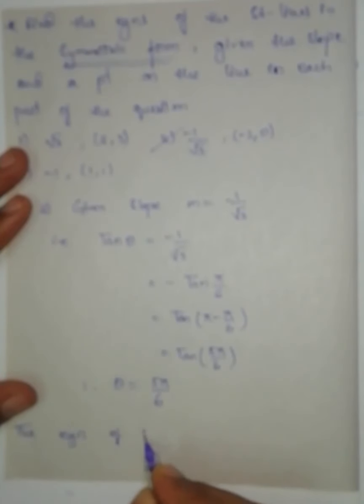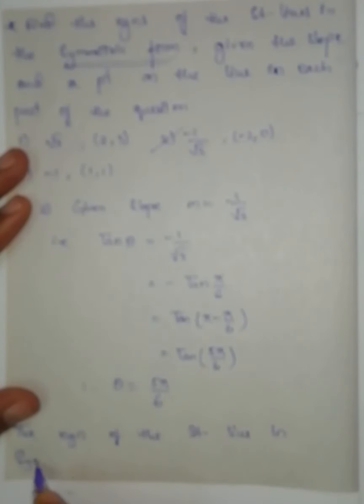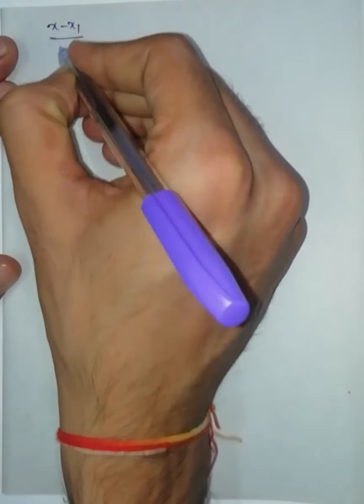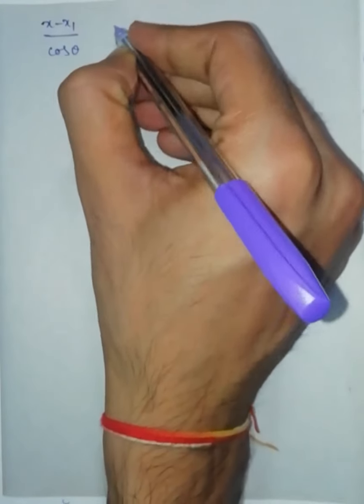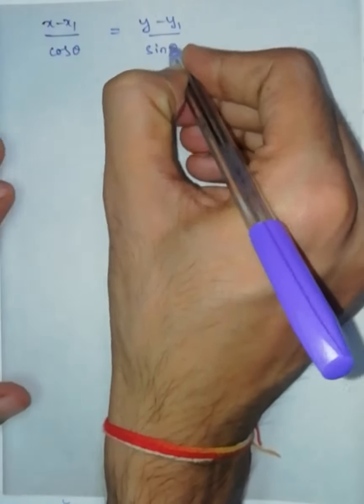The equation of the straight line in symmetric form is, the formula is (x minus x1)/cos theta equals (y minus y1)/sin theta.